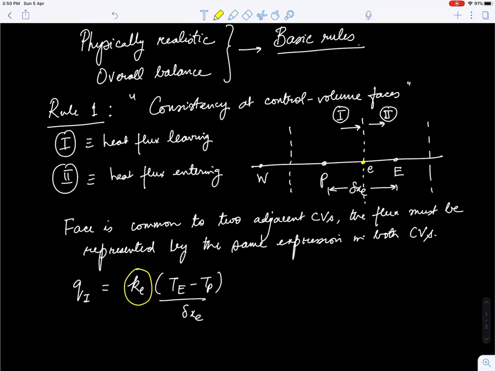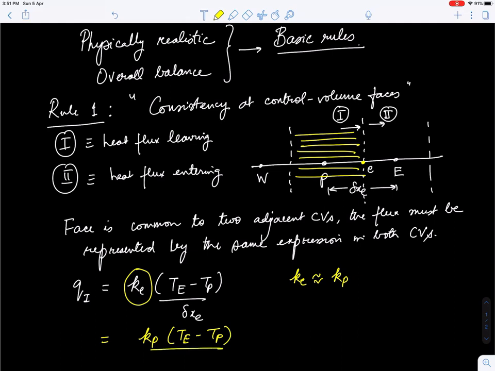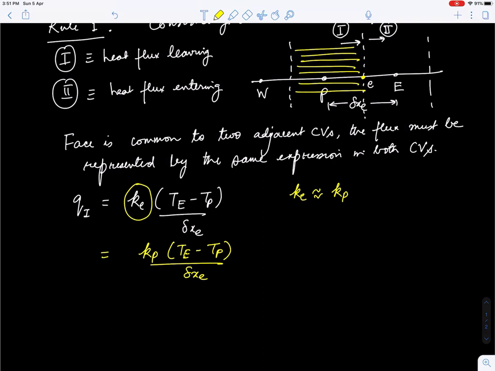So to approximate KE, I could say that the conductivity of this entire cell is approximated by the nodal value in that cell. So Q1 could then be written as KP times TE minus TP by delta XE. What it means is we are approximating the conductivity at interface E by the upstream nodal conductivity.